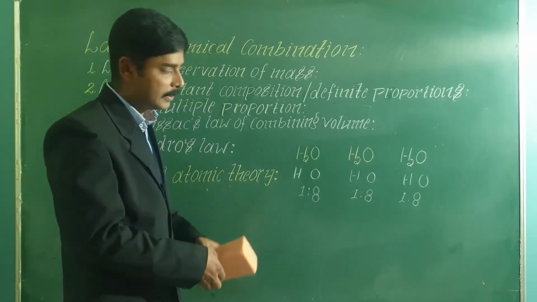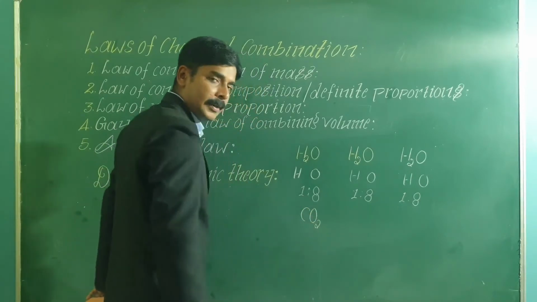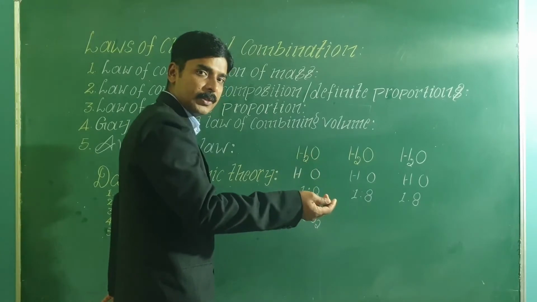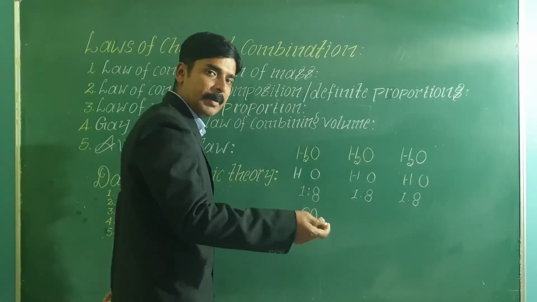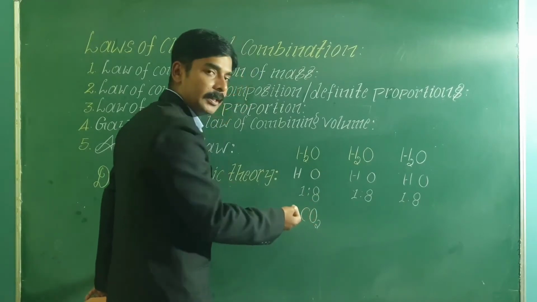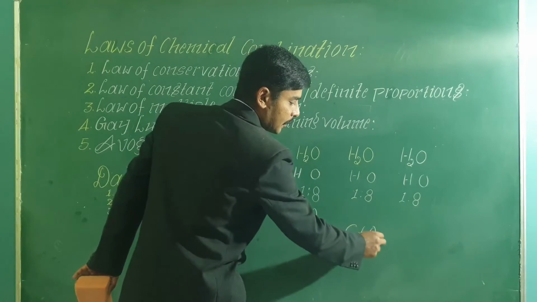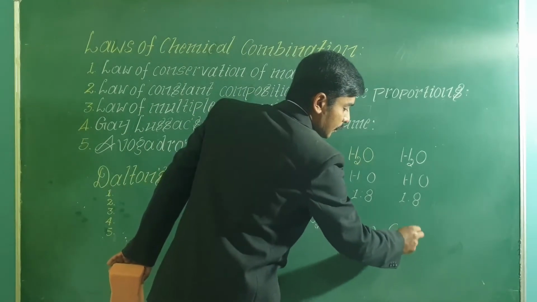Let us take one more example. Carbon dioxide, which is obtained from different sources, or let us take the carbon dioxide that is prepared by different methods. You can obtain carbon dioxide by burning carbon or by heating limestone.